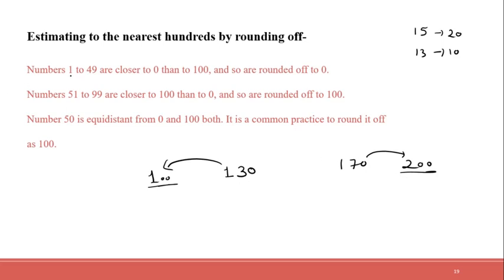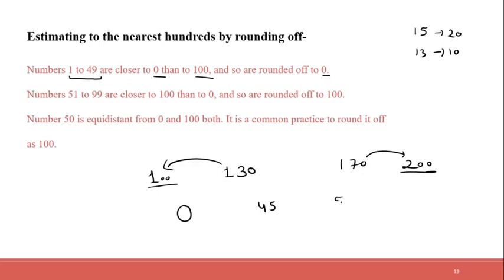So numbers from 1 to 49 are closer to 0 than to 100, right? So they are rounded off to 0. That means if it is written here 45, we will round it off to 0.